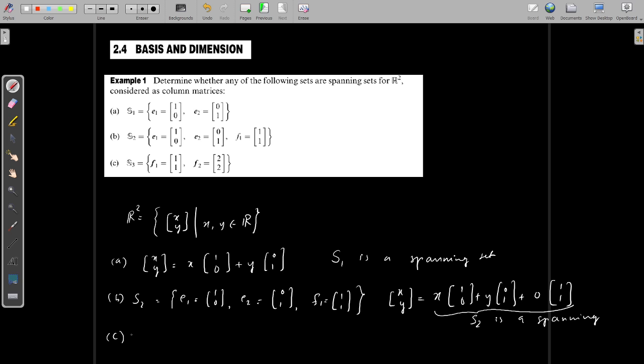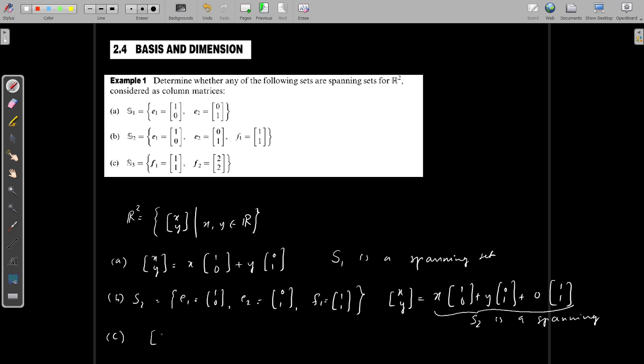Now we have S3, the set f1 and f2. But f1 and f2 is not a spanning set, because we need to say that any vector of R2 can be expressed as a linear combination of these.